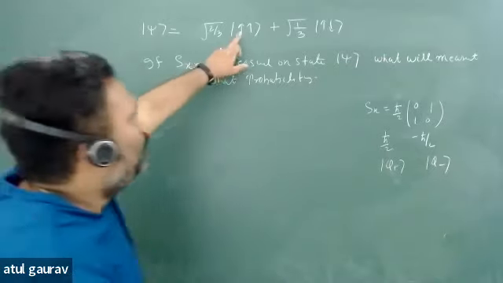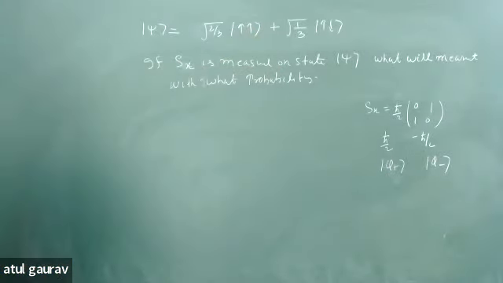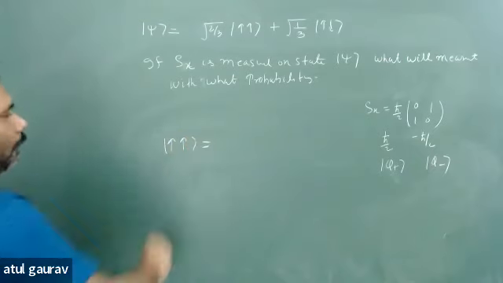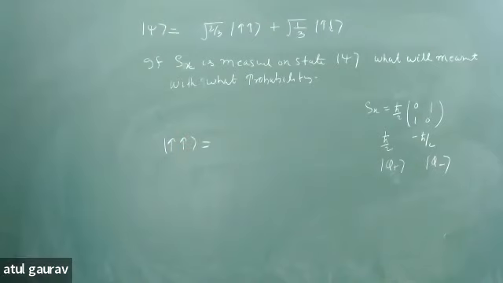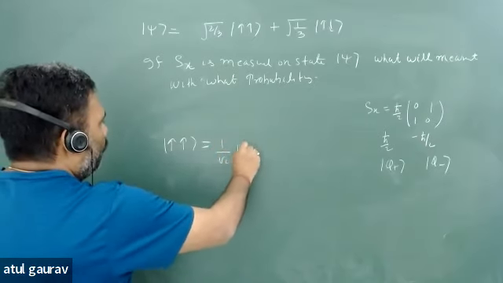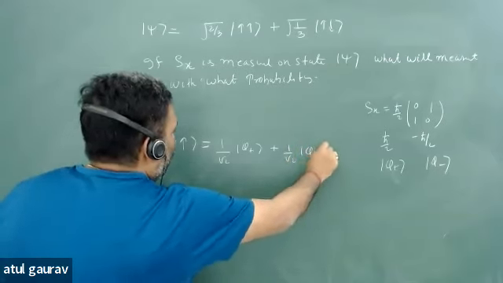Now, can I write up in the basis of phi plus and phi minus? Yes, sir. What will that be? 1 by root 2 phi plus plus 1 by root 2 phi minus.